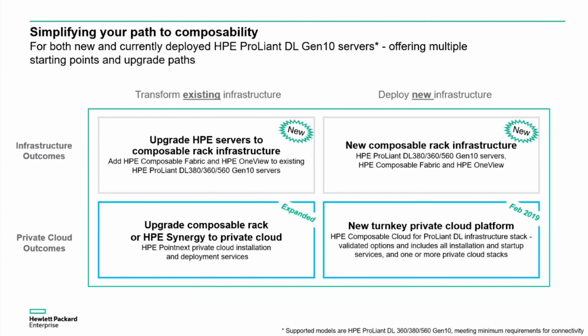So this isn't rocket science. This is standard rack and stack, top of rack cabling. It's installation of some pretty standard management stack stuff, such as OneView. Pretty easy to do. In fact, we've got materials we'll talk about in a minute to enable you to do both of those two ones.